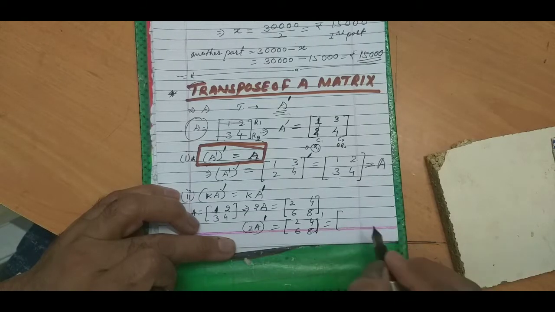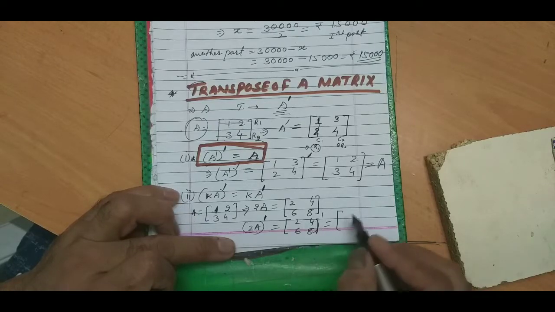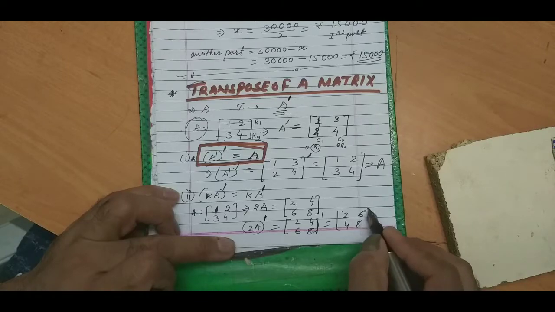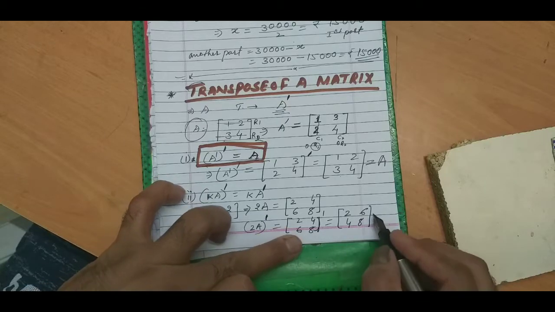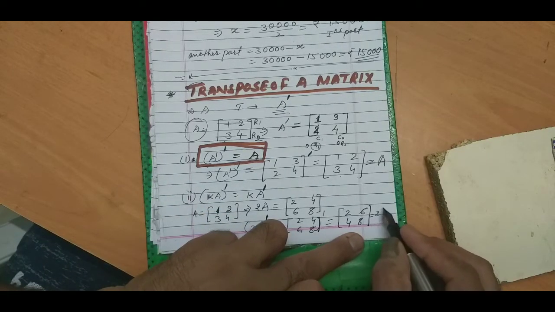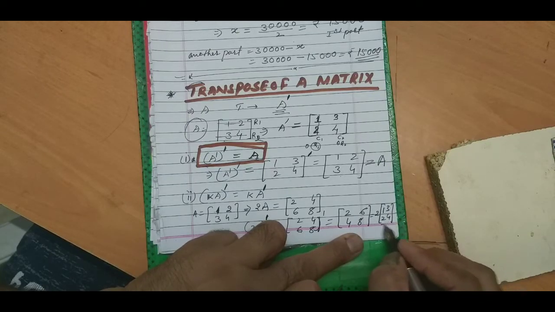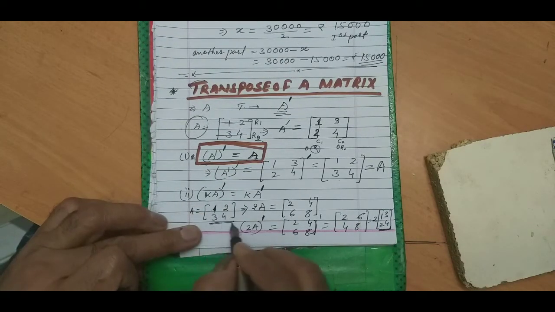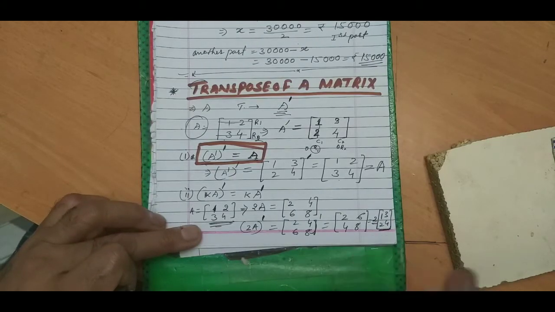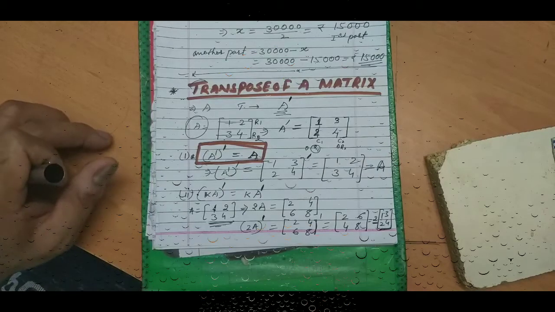Then it will become 2 6 4 8, first row first column, second row second column. Then we simply take 2 out of this bracket, then this becomes 1 2 3 4. So what is this 1 2 3 4? It is simply the transpose of matrix A only. The constant comes out of the matrix. That is what this property means.